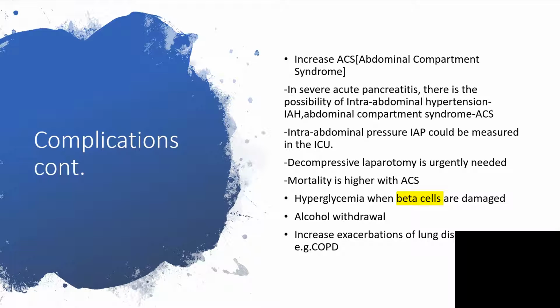Intra-abdominal pressure could be measured in the intensive care unit. So when there is abdominal compartment syndrome, the next thing to do is the decompressive laparotomy, and it is an urgent procedure done quickly because that is what could increase the likelihood of mortality.